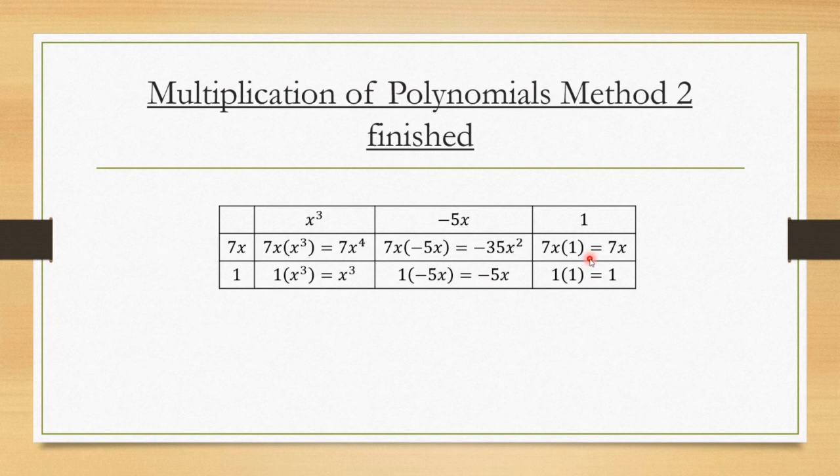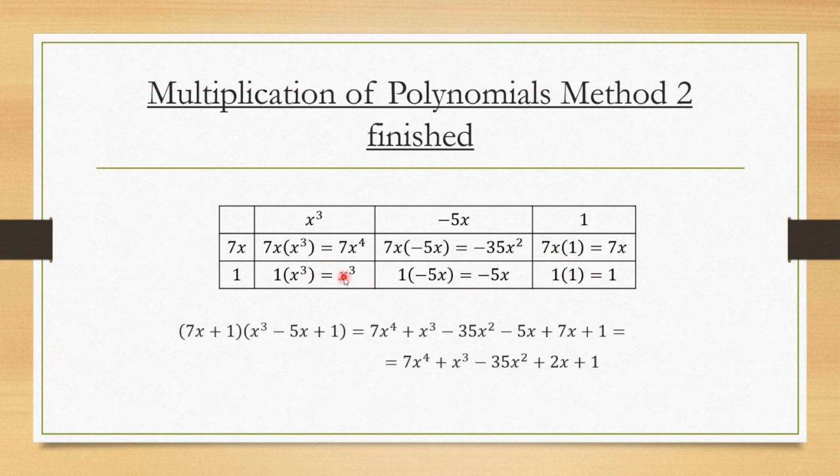All right, that's good. Well, what do we do now? Well, we have to add up the terms in these boxes, as you can see. So we have 7x to the 4. We have x cubed, as you can see, minus 35x squared, minus 5x, 7x, 1.